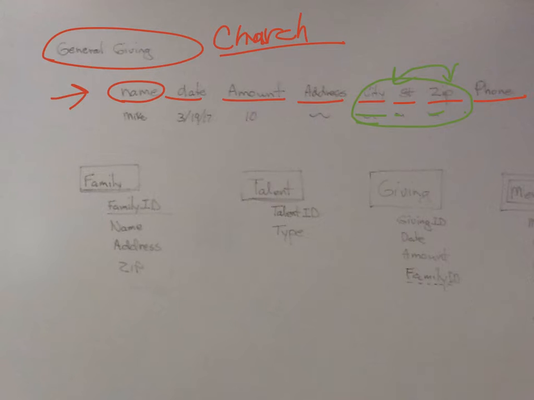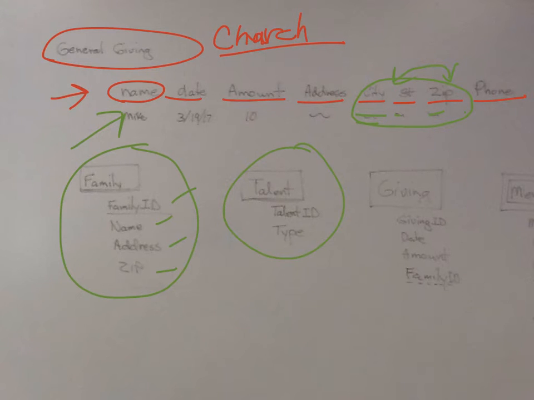So that would be something we would probably pull out. Okay? So what we did is we started looking at, okay, what things would you pull out of this to better normalize it and make sense? Well, we said we can talk about the family idea: name, address, zip. Then we said maybe their talents, and there could be a relationship here. We didn't actually draw an ER diagram, but you should be thinking about what people give, okay?